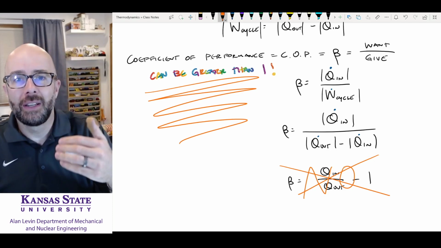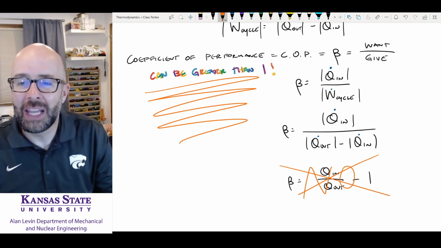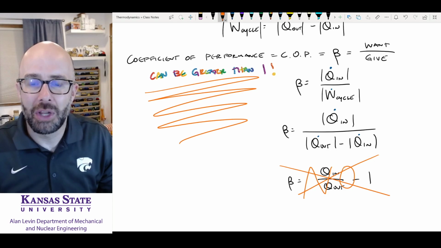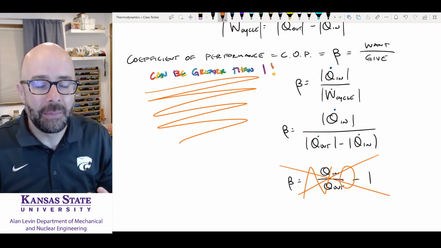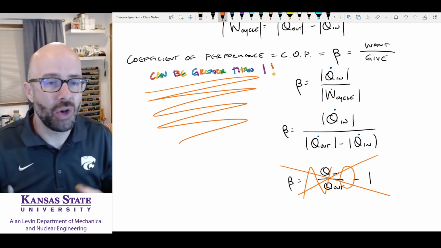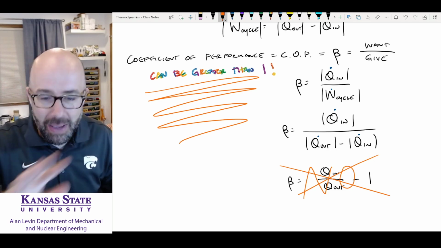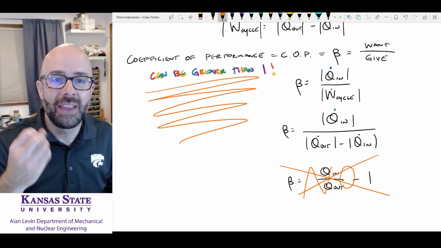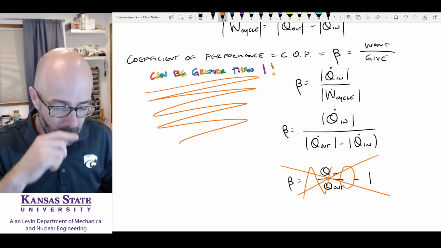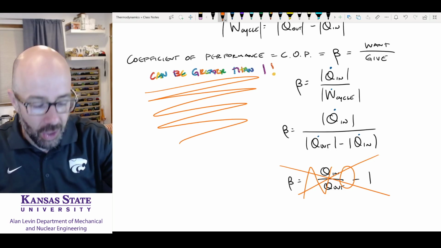I would look at their exam paper and they had everything right, but they had forgotten that the coefficient of performance can be greater than 1, and so they were panicking. Sometimes they'd go reinvent thermodynamics, thinking they'd figured it out, and they would just mess it all up. They had the right answer, they just didn't understand that the coefficient of performance could be greater than 1, and they got themselves all screwed up and made the answer incorrect.